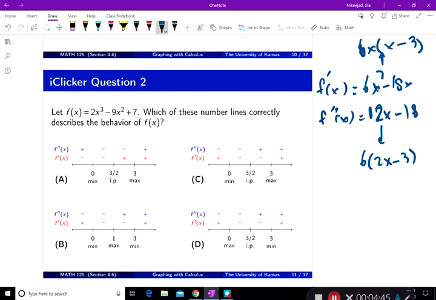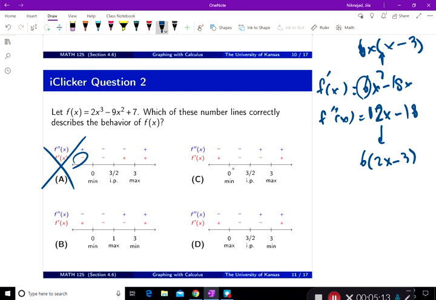Remember, f prime is a quadratic polynomial with a positive leading coefficient, so at the two endpoints it should be positive. So this one is out because of that. That one's out. And then the sign has to change every time we pass 0 and 3.